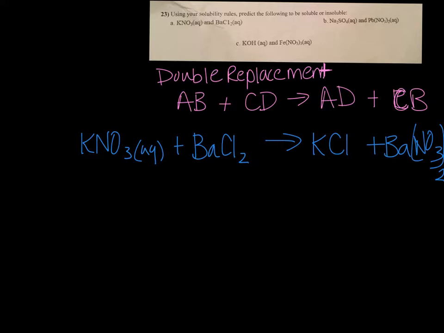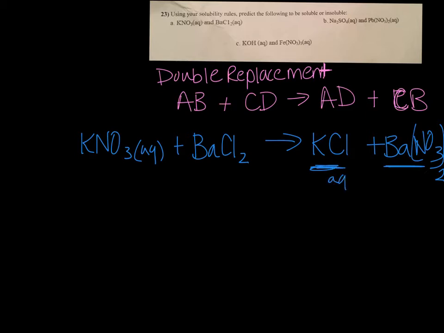All right, now what you do at this point, you do not need to balance it unless you, once again, would like to practice that, and you can check your answers with me if you'd like. But what you're going to look at now is your products, and do they fall under any of those categories for the solubility rules. So here we have a group 1 and a group 17.